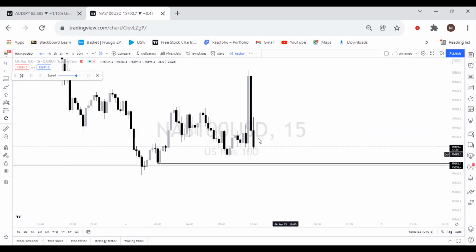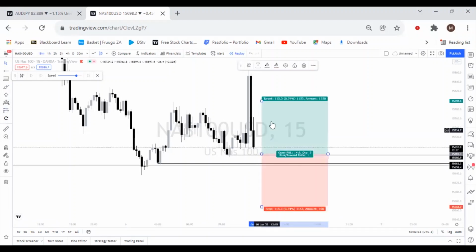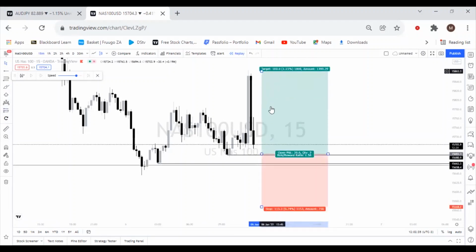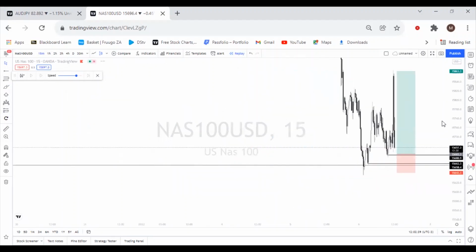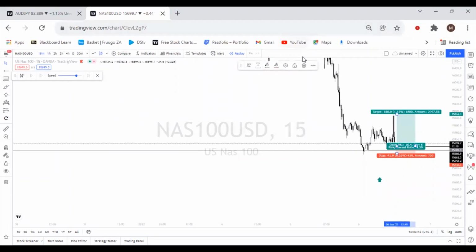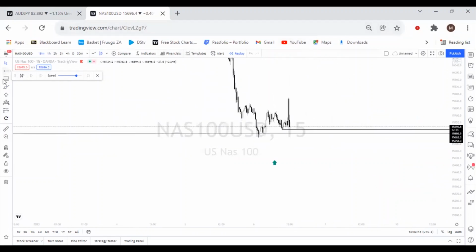So basically, if the price gets around these areas, rejects with huge spikes, I'm buying those spikes. I'm buying Nasdaq. So unless I'm wrong and this completely goes down, then I don't know. That would be just bad luck, I guess. Wrong trade, wrong setup.